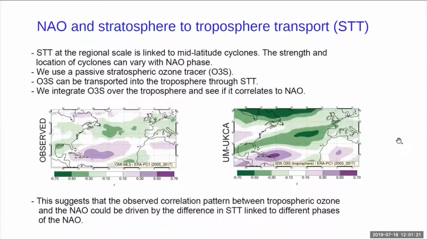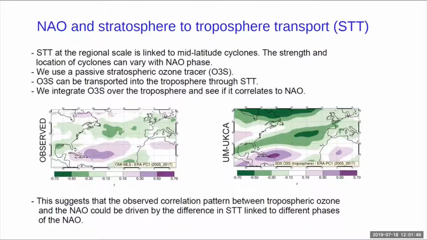So this is the tropospheric column of ozone that has been transported from the stratosphere, and this is the observed correlation of tropospheric ozone with the NAO. So the patterns here are a lot more similar, and you can see a kind of negative plus a positive and a negative in the middle, which doesn't explain everything, but it looks a lot closer to the observations.